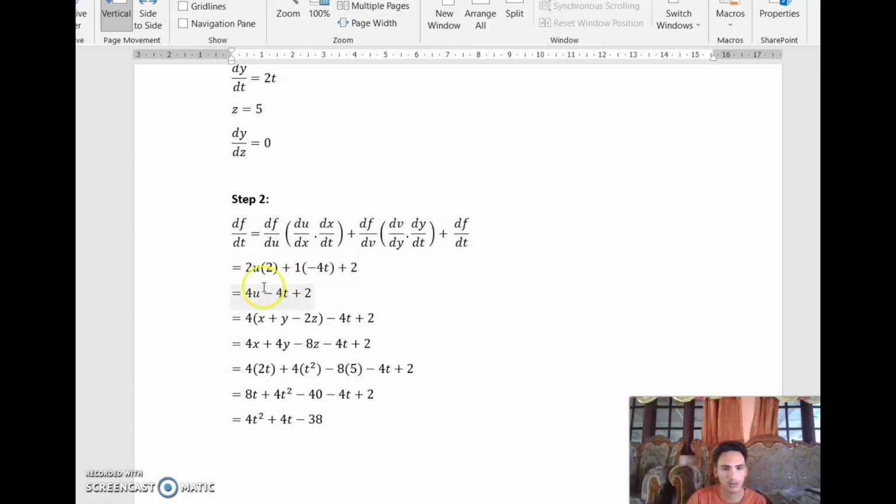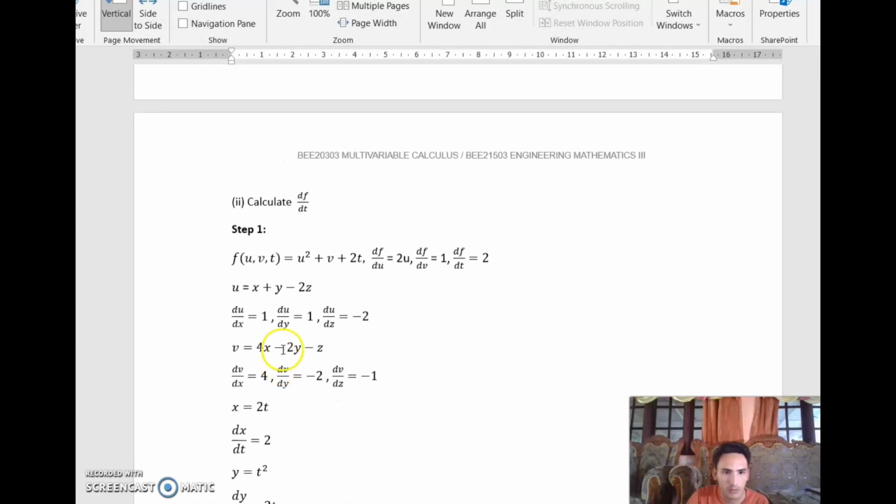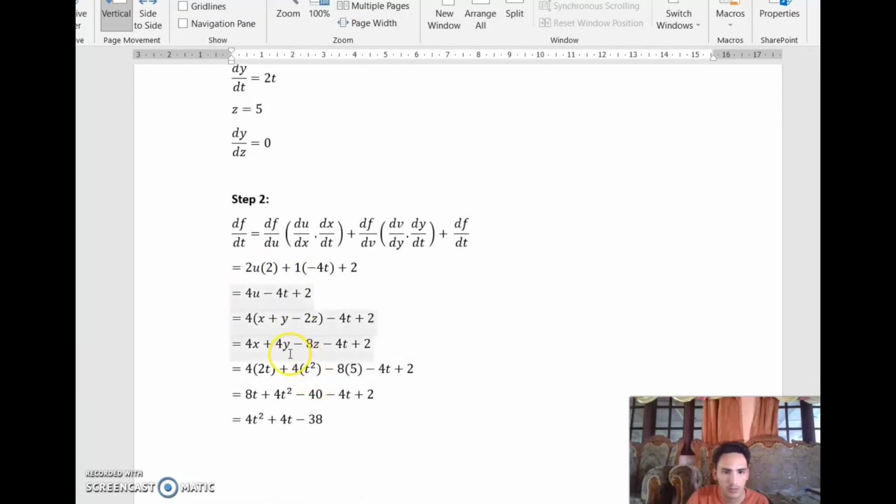For the next step, we replace the u here, so we get 4 times the bracket x plus y minus 2z, minus 4t plus 2.